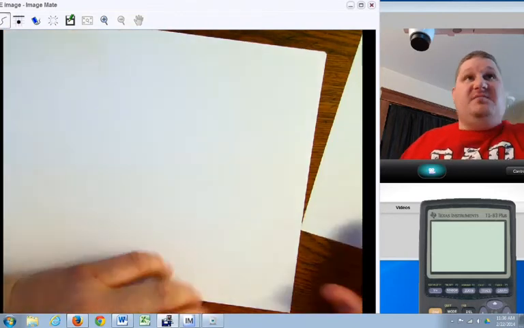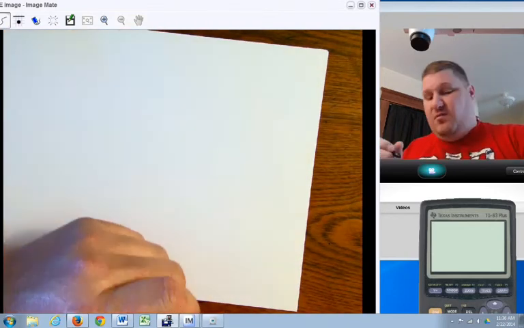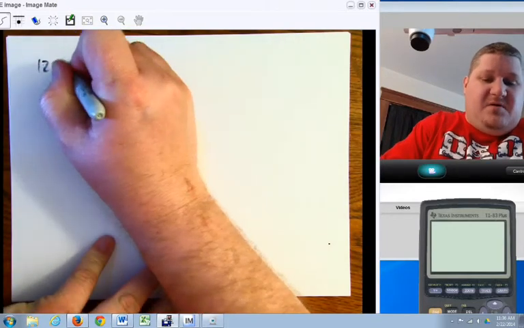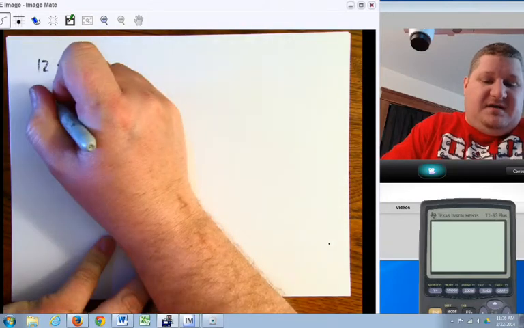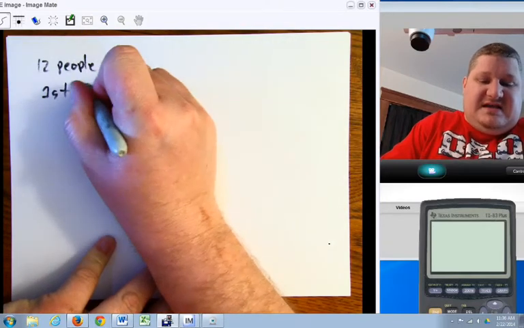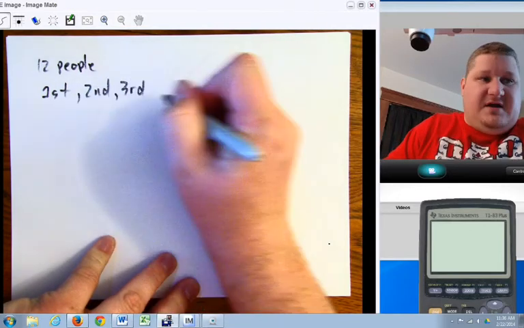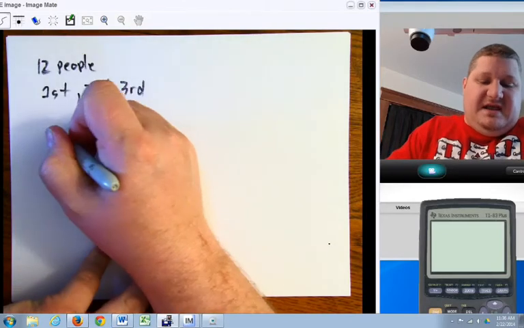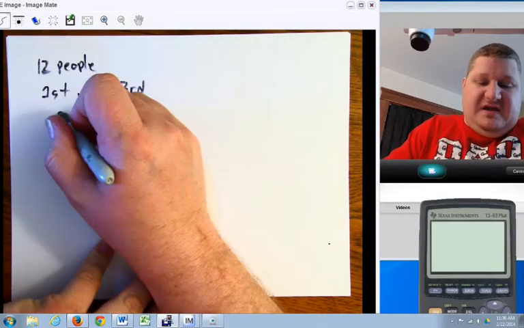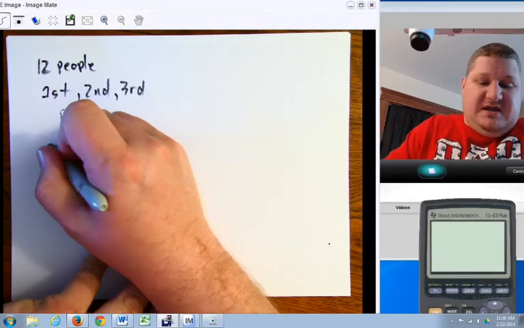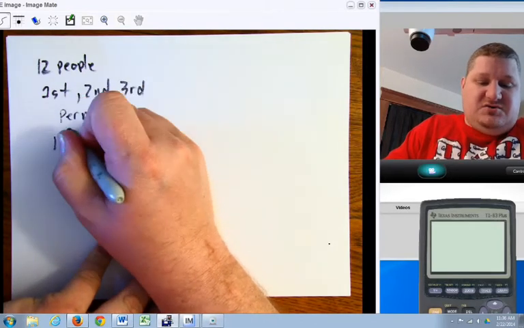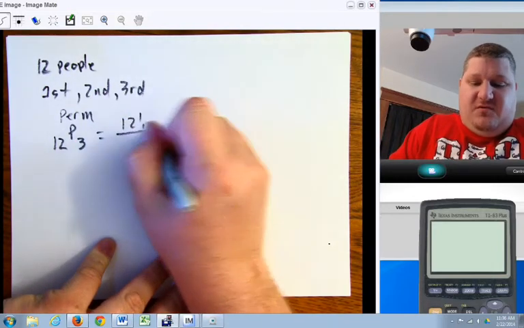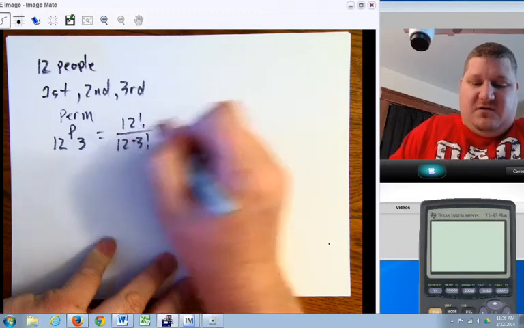Next, if we did a little bit further review and went with something like out of 12 people, we want to find the first, second, and third prize. Okay, first, second, and third prize out of 12 people. We would need a permutation, which would be 12 choose 3, which means we're going to have 12 factorial over 12 minus 3 factorial.